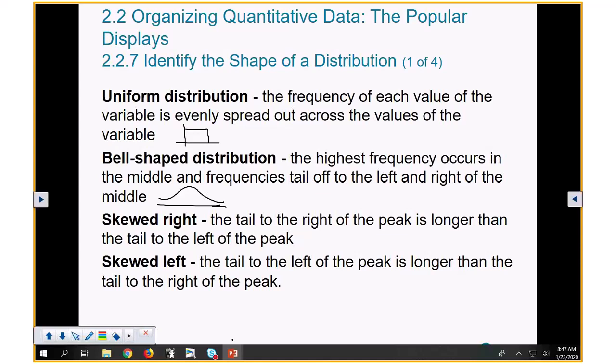Bell-shaped is usually what 80% of statistics works with. Uniform distribution: anything having to do with time. Normal distribution is usually 80% of what we work with, and that's the word that goes with that.